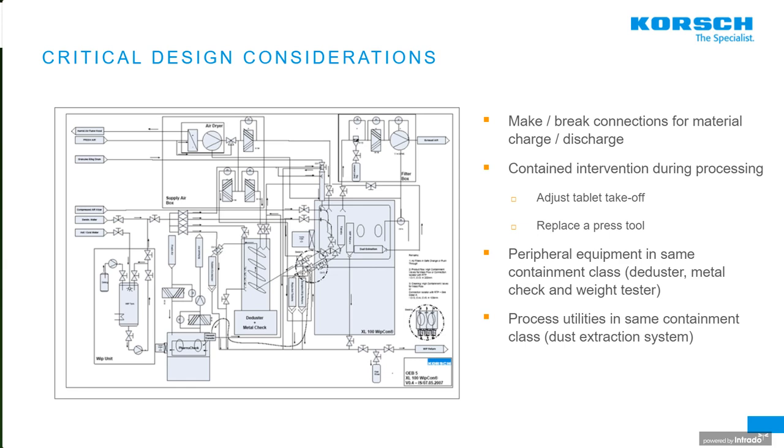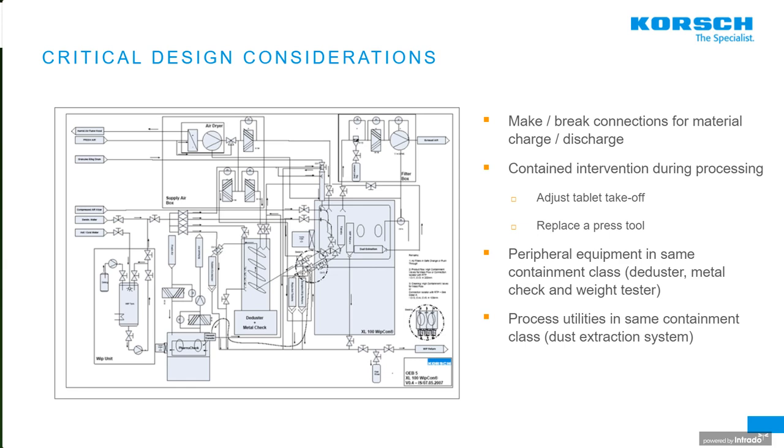In other words, you need to get powder into the press, and you need to get tablets out of the press and through the peripheral equipment. And there are then make-break connections. So in these transition areas where material is entering or tablets are leaving, you need to maintain containment and select appropriate connections that match the design requirement for the project. So in this case, you could be talking about split butterfly valves. You could be talking about liner systems.